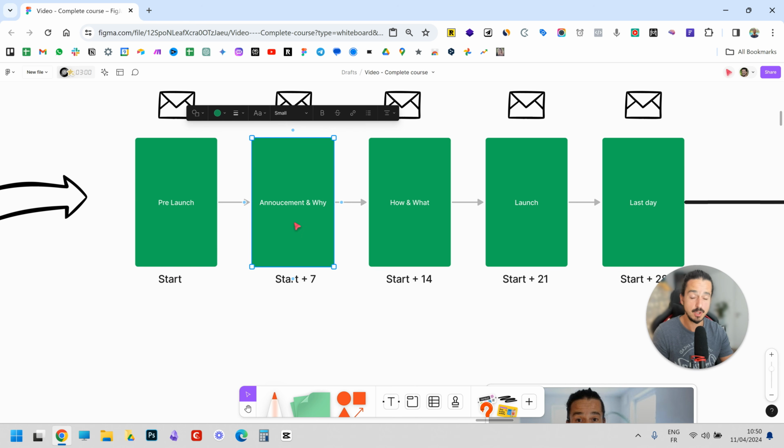The second one is what I call announcement and why. It's not really an announcement, but it's re-announcing the product. So you reframe, okay, that is the offer. And maybe the offer changed a little bit, so you're re-explaining the offer.